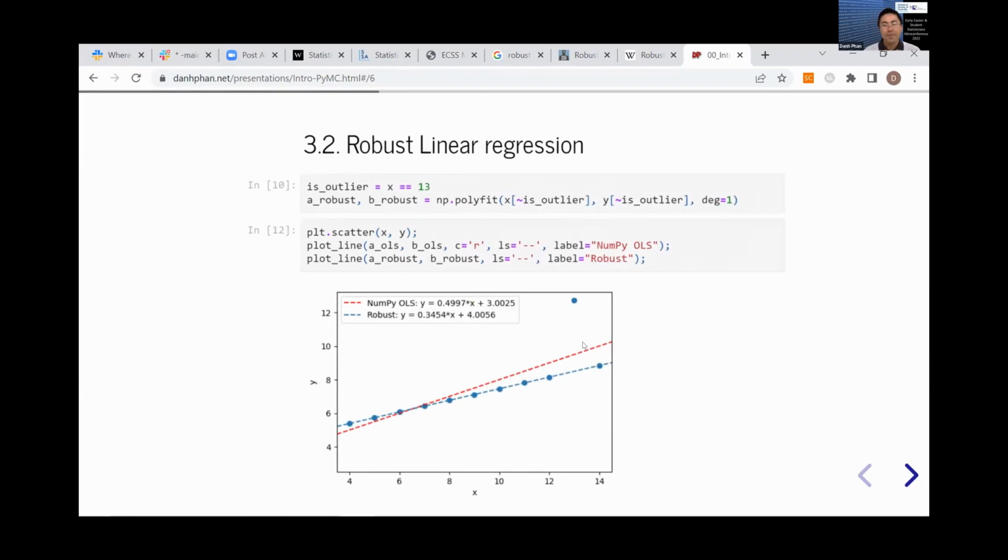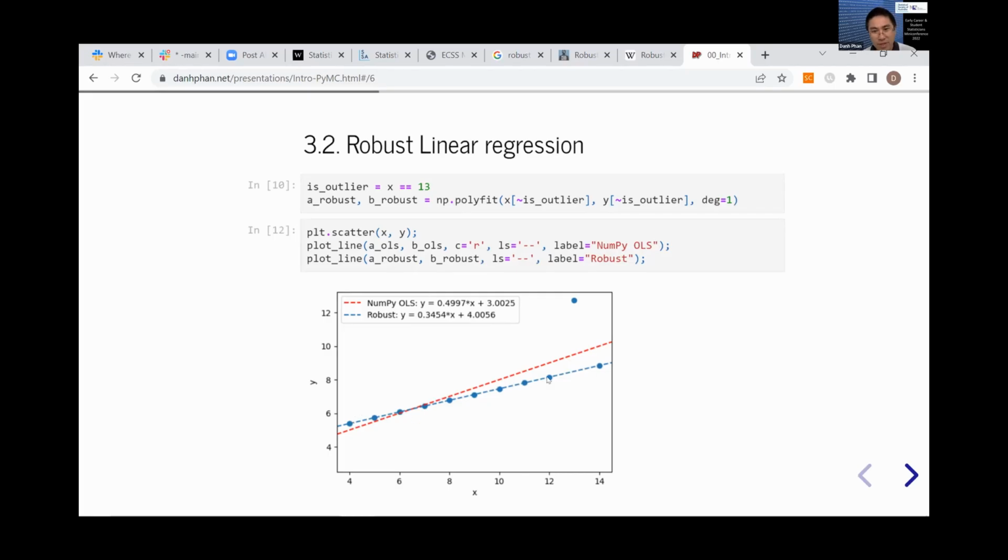So that's why we need to use robust linear regression, and there are several approaches for doing it. I will not mention them here, but a simple way is to just remove the outlier and then fit the rest of the data set using just polyfit in NumPy.